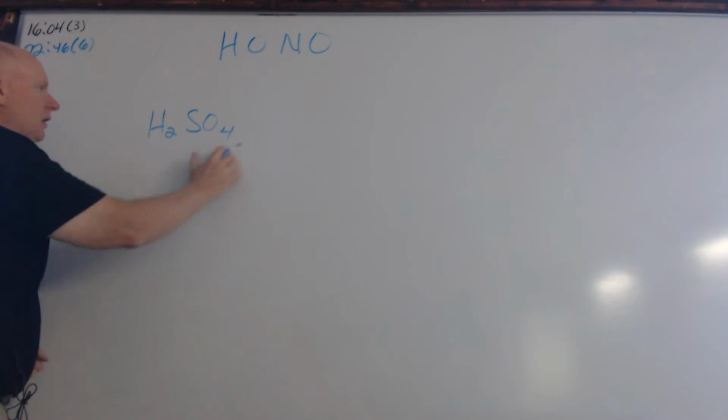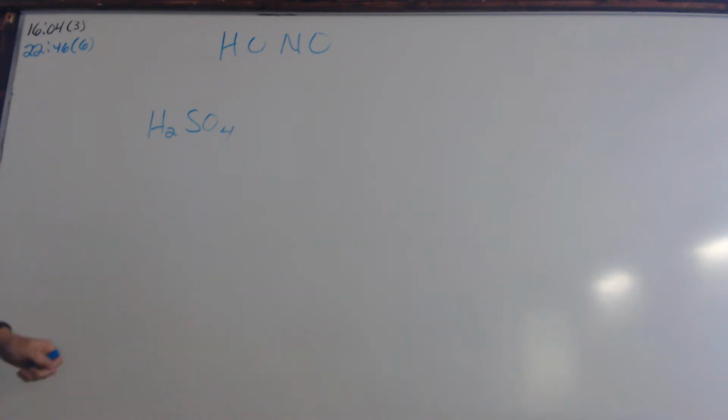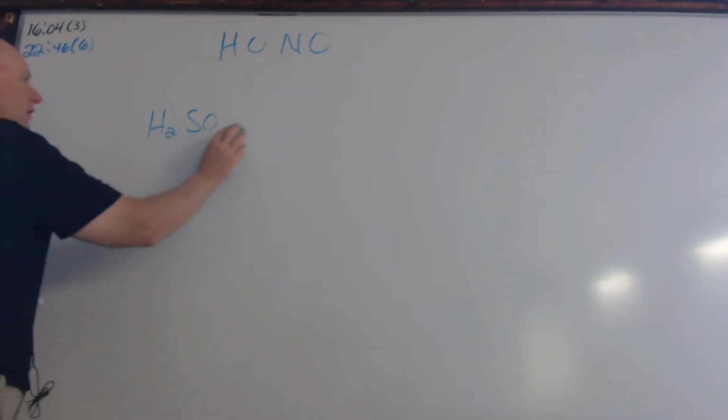So when you're looking at compounds like this, you'd want to choose the non-metal that's least in number. Like we did H3PO4, phosphorus would go in the middle. H2SO4, we would put the sulfur in the middle. Then the oxygens would be surrounding that sulfur, or surrounding that phosphorus.